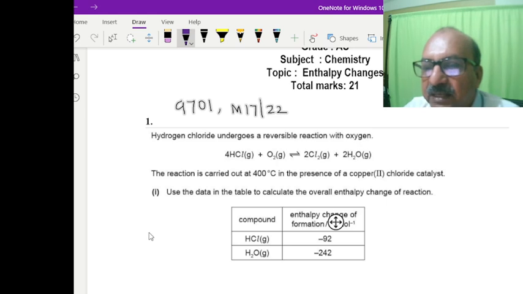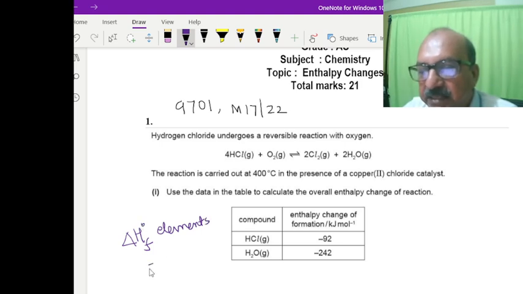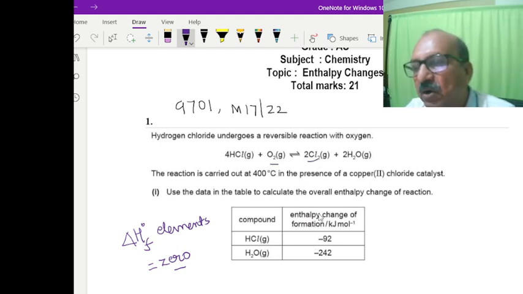The answer to that question is that the enthalpy change of formation of the elements when they are in their standard states is taken to be zero by convention. So remember that. So these two values are zero, and that's why they are not given.